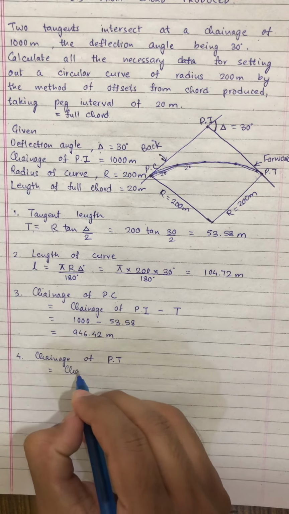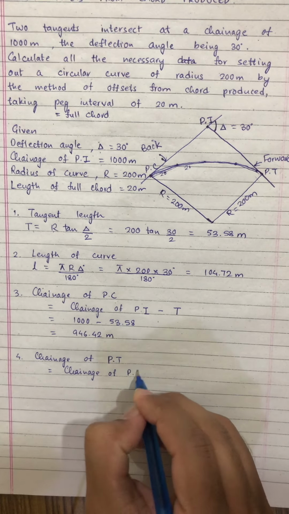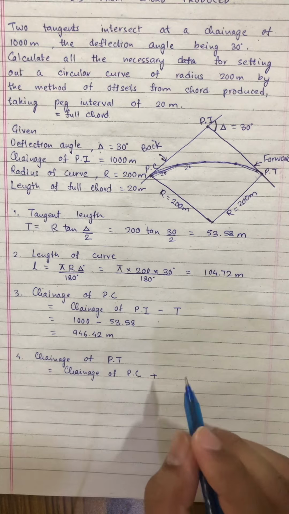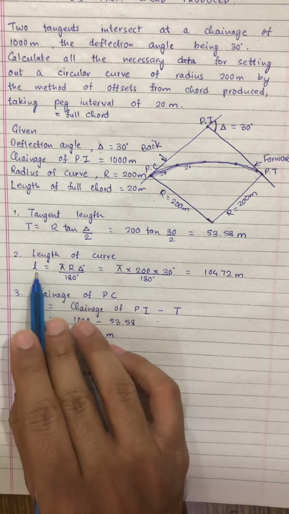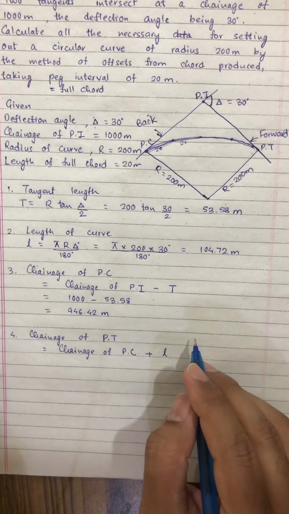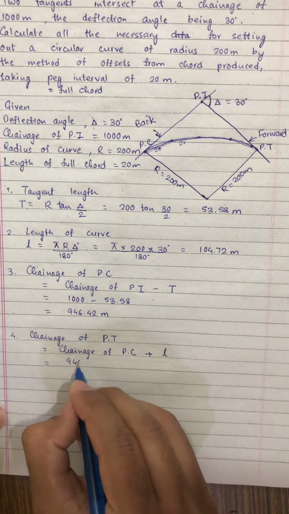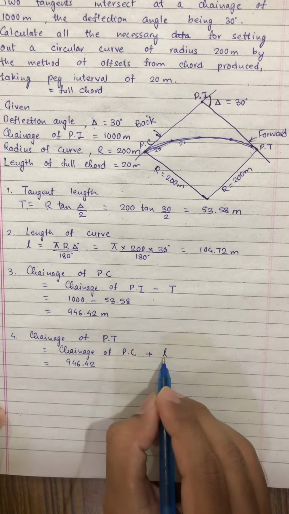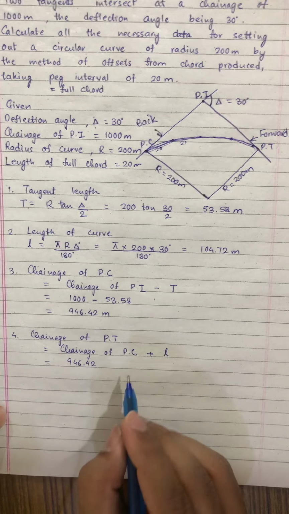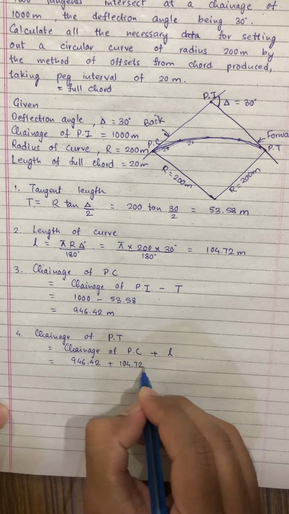So this will be the chainage of PC plus the length of curve, which is given by small l. The chainage of PT will be the chainage of PC, 946.42, plus the length of curve, 104.72.